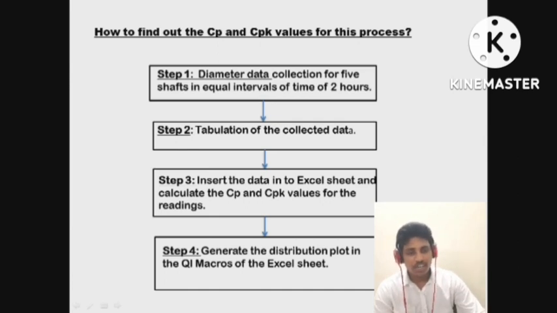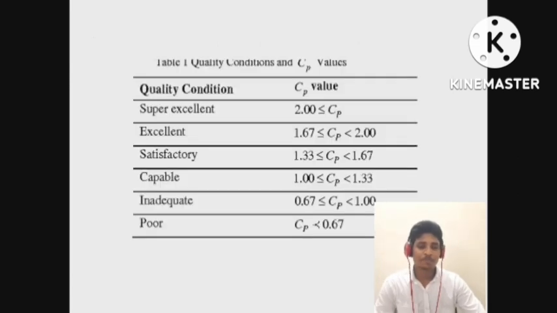Step 1: diameter data collection of 5 shafts at equal intervals of 2 hours, while continuing the process. Once every 2 hours we check the diameter of 5 shafts. Then we tabulate the collected data and insert it into the Excel sheet for the calculation of CP and CPK values. Finally, we generate the distribution plot in the QI Macros version of the Excel sheet, through which we can define the process.